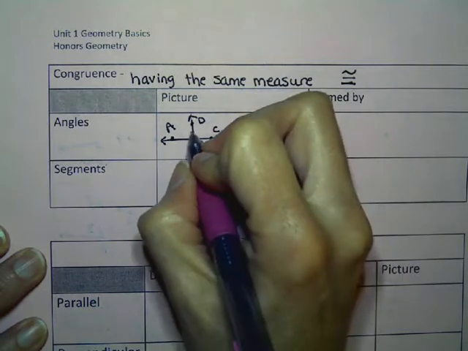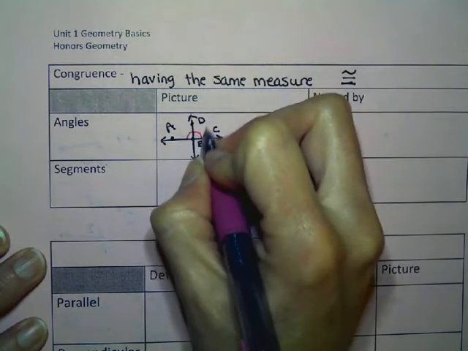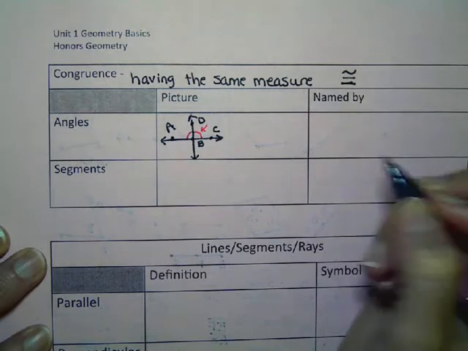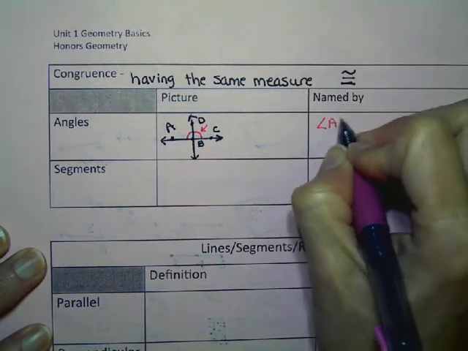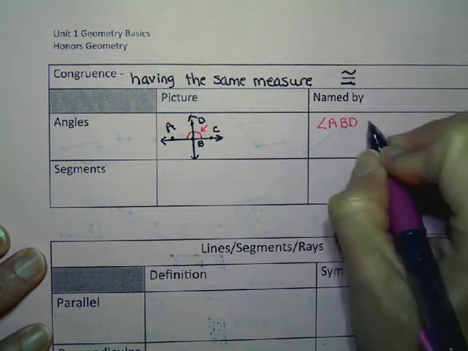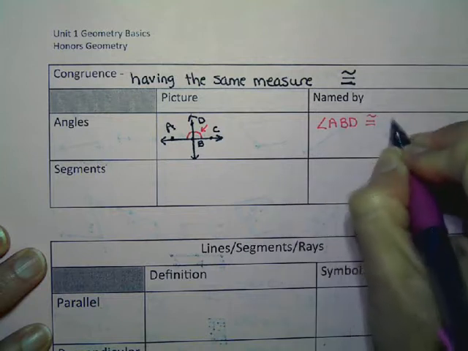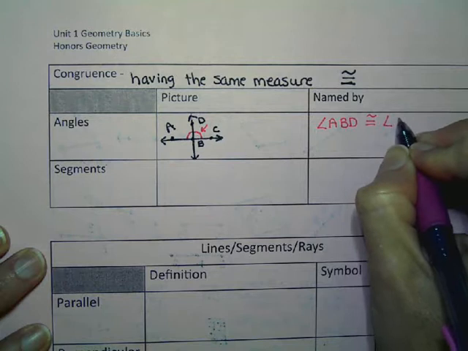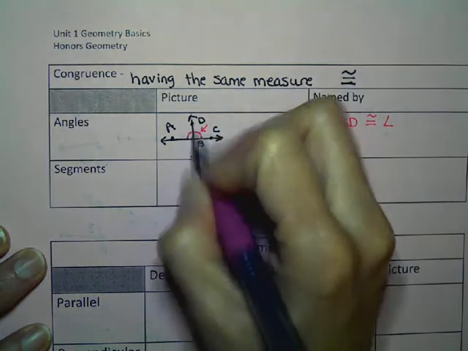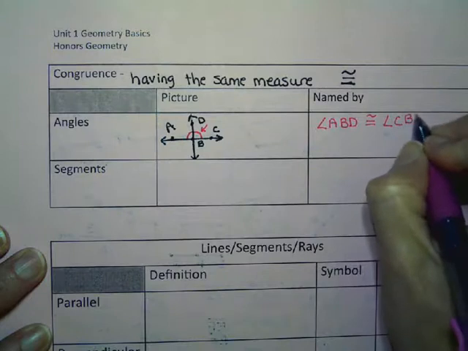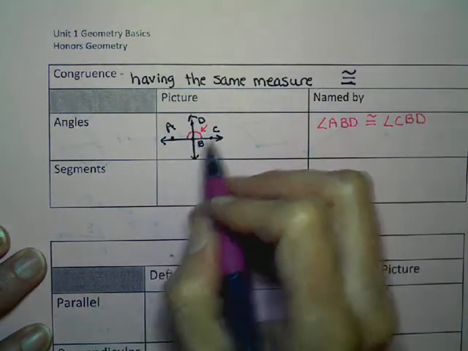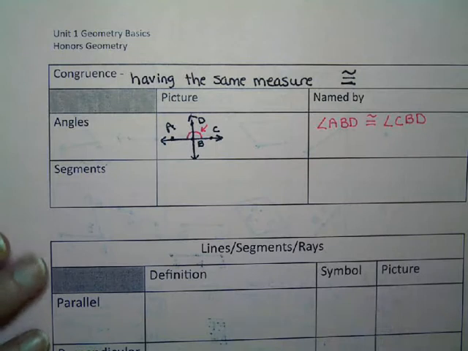You mark a picture like this to show congruence. And then you would write angle ABD is congruent to angle CBD, or you could say DBC. This angle and this angle are equal, are congruent.